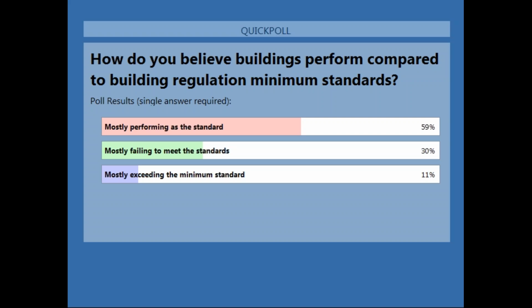Maybe we need to change the culture so that we have minimum standards, but the majority of people aim higher, and therefore even if they fail at that higher target, they still end up meeting a minimum level that's still suitable for use in the buildings. But it is a worrying issue that 30% of people say we're probably not meeting the standards.